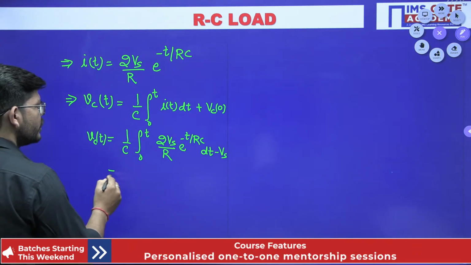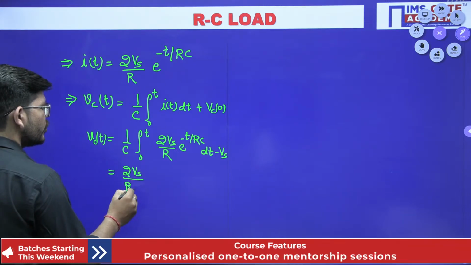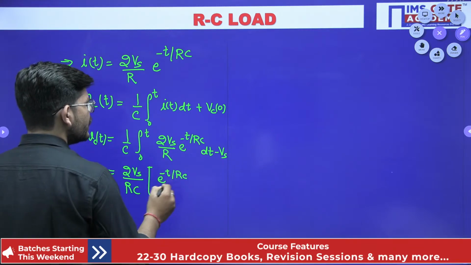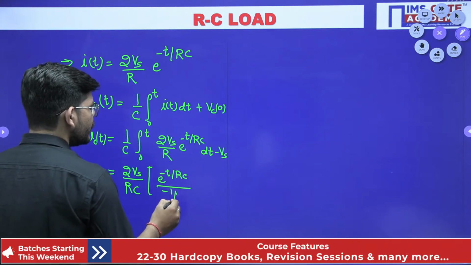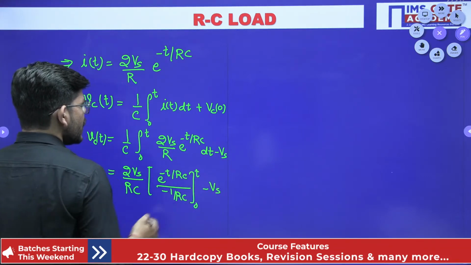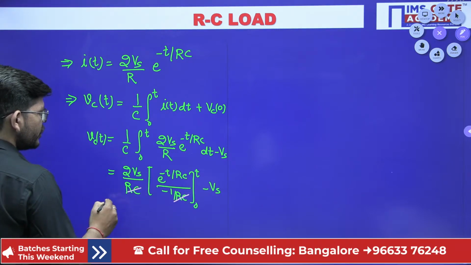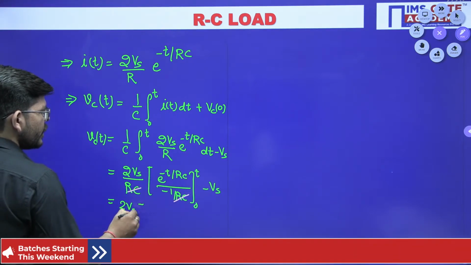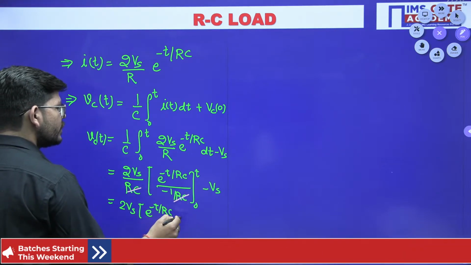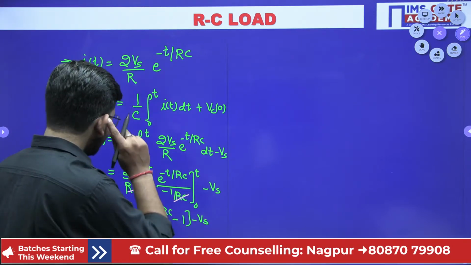Now I have to solve this equation and I will get the desired result. So 2 Vs upon RC it will be, then e to the power minus t over RC. I integrate it, and after integration I get this value from 0 to t, minus Vs. Now this gets cancelled and I put in the values: 2 Vs times e to the power minus t over RC minus e to the power 0, which is 1, minus Vs. Now I have to resolve this.